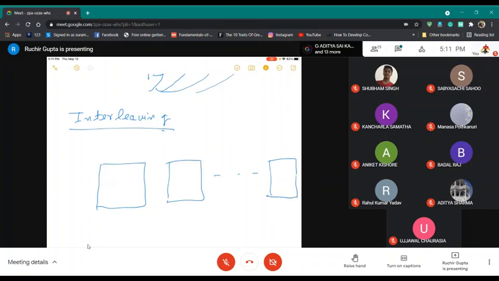And all of these modules have their own address buffer register and data buffer register. All memory modules have this. And this is module 0, this is 1, and let's say this is n minus 1.